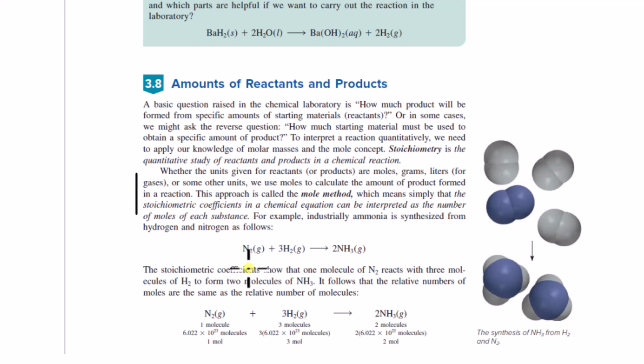We started with 6 total hydrogens, 2 total nitrogens, and we can account for where they all went. Okay, but we could just as easily have described this chemical equation using moles. Since the actual human-size scale chemical reaction involves thousands of trillions of molecules, we could say you have 1 mole of N2 gas molecules interacting with 3 moles of H2 gas molecules to produce 2 moles of NH3 gas molecules.